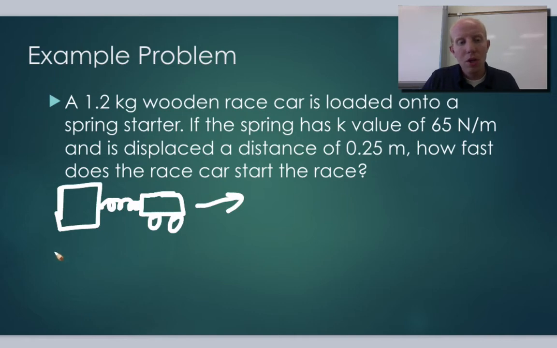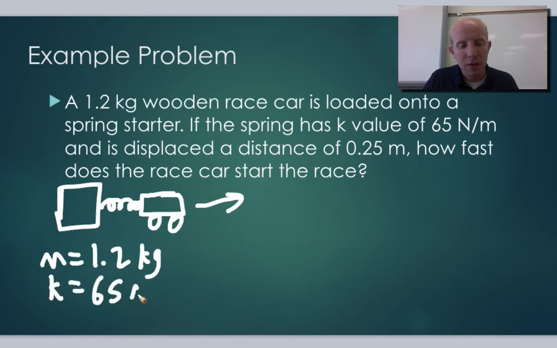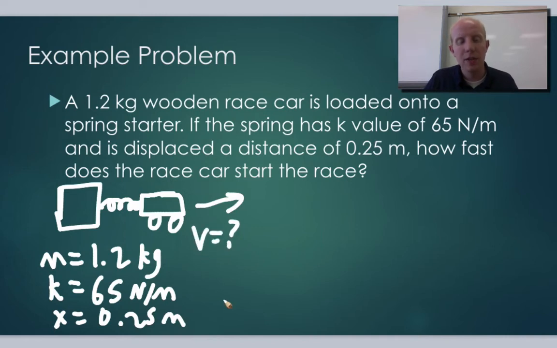Okay, so in this case, we know the mass is 1.2 kilograms. K value is 65 newtons per meter, and the compression distance is 0.25 meters, and we're looking for the velocity, right? This exit velocity. So it starts with spring energy, and it goes into kinetic energy.